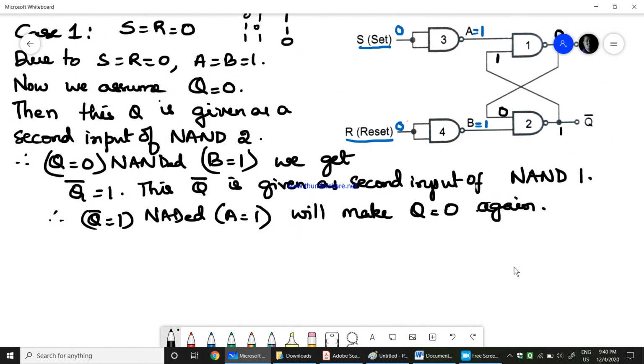Now let us assume Q to be equal to 1. Let me explain in this diagram.